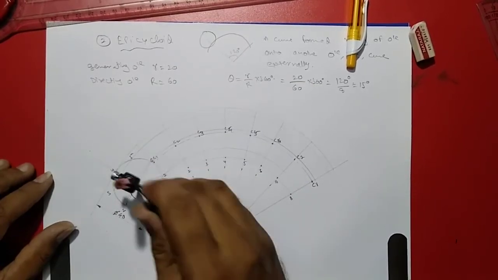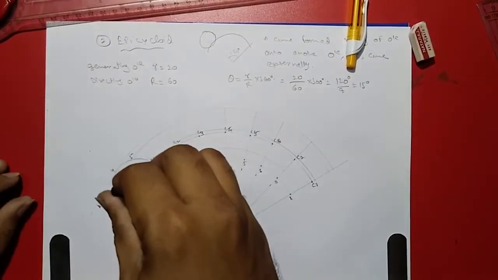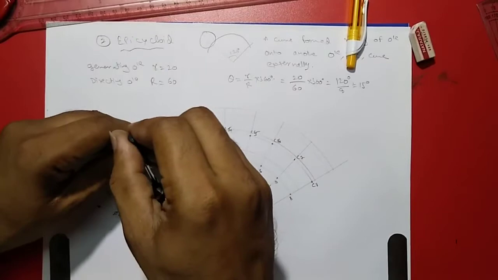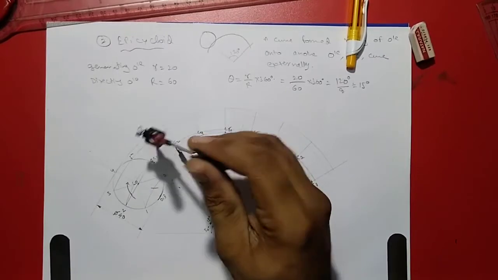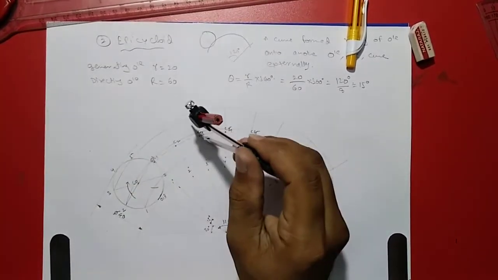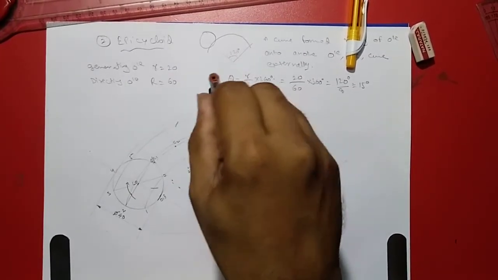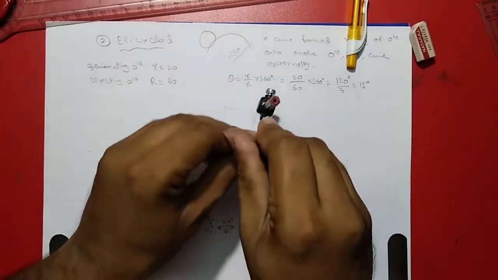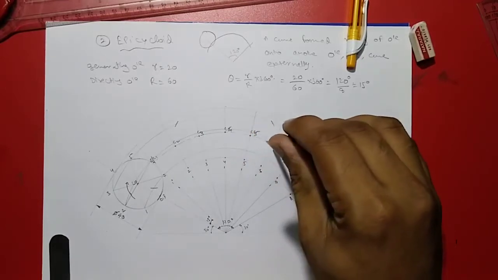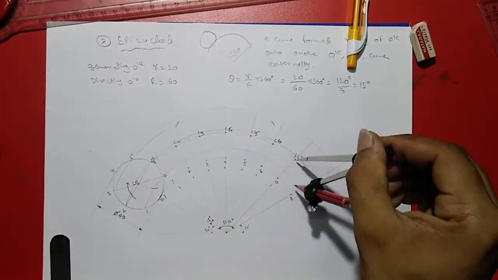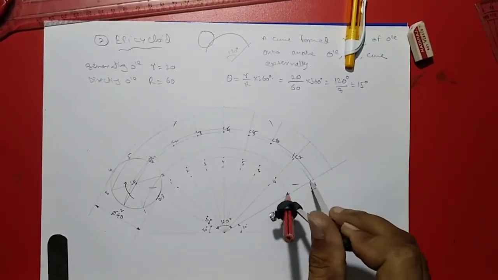First C0 to 0, C1 to 1, C2 to 2, C3 to 3, C4 to 4, C5 to 5, C6 to 6, C7 to 7, and C8 to 8.